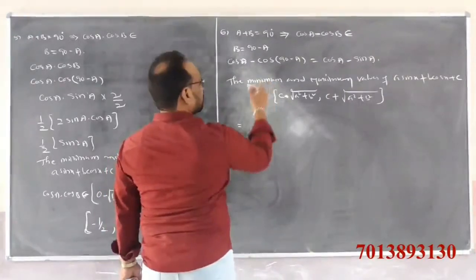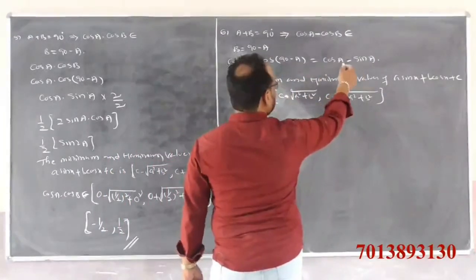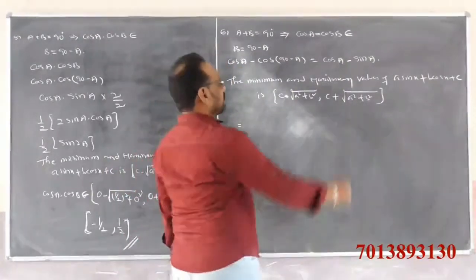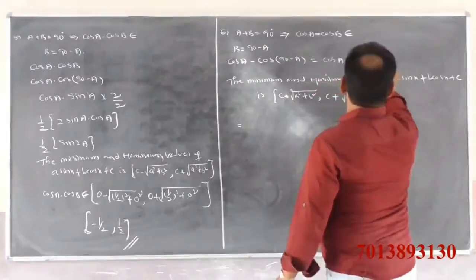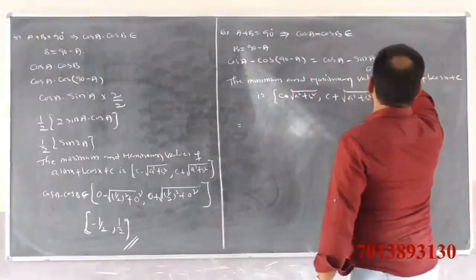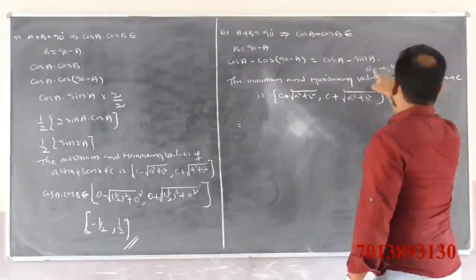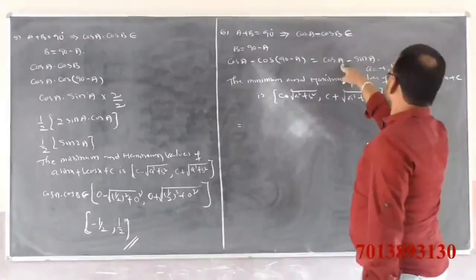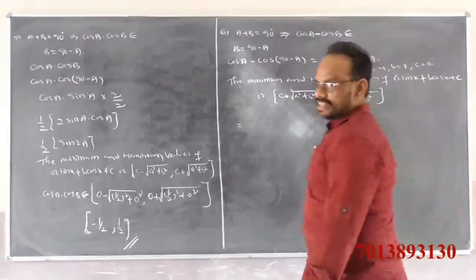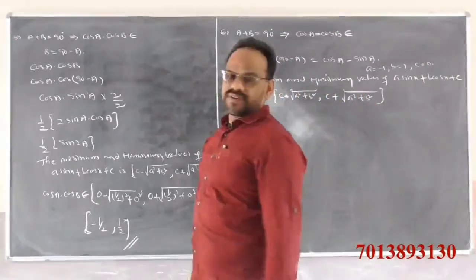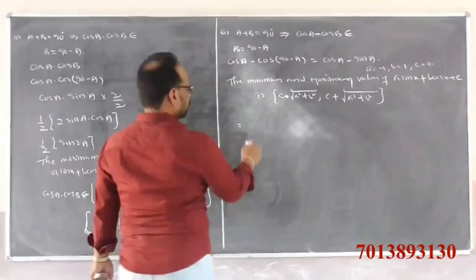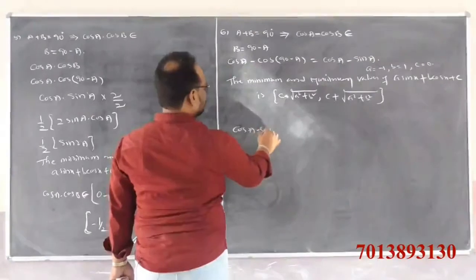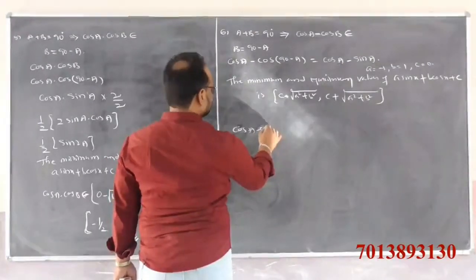Observe here, we have A cos A and B sin A, that is A sin x and B cos x. Clearly the A value is minus 1, the B value is plus 1, and the C value is 0. Substituting here, we get cos A minus cos B in terms of sin A.